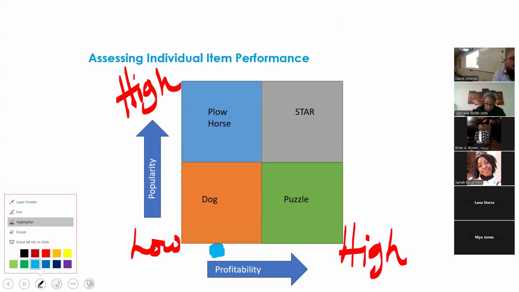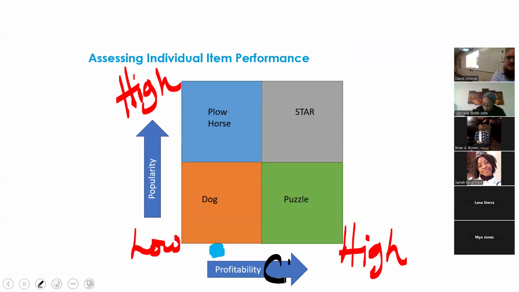Sorry, let me back up for a second. Profitability is also contribution margin, okay? Profitability is also that contribution margin that we've talked about, okay? So if it has a low contribution margin and it has low popularity, which means not a lot of people buy it, where these lines intersect is right here at the dog, okay?